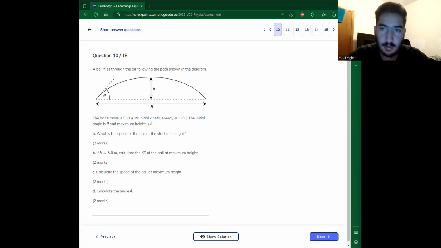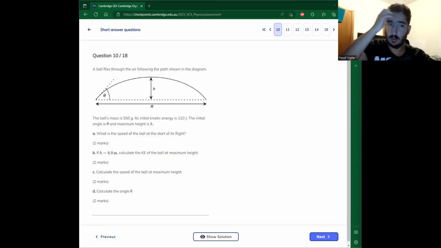Now we square root it, and we get 20 meters per second. So for question A, speed equals 20 meters per second.